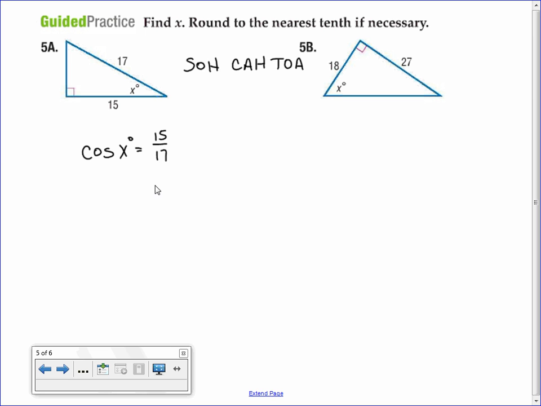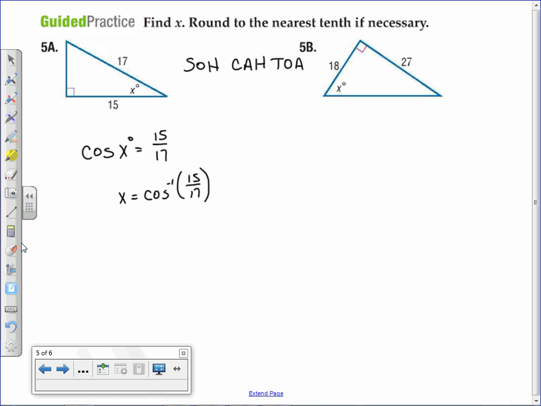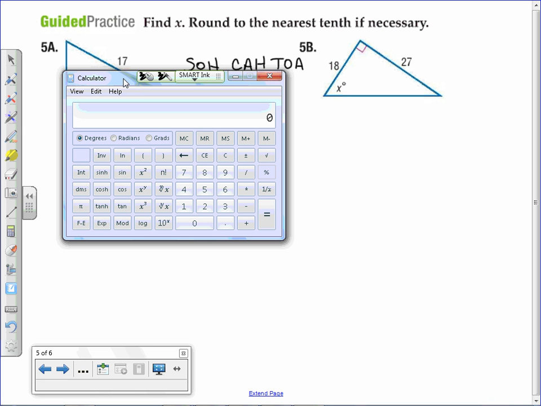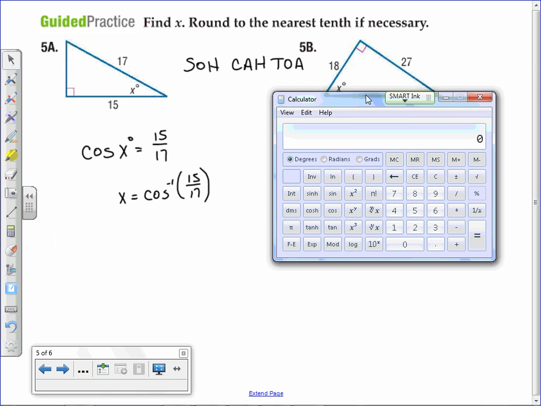Now once I've got the problem set up, to figure out what x is going to equal, the inverse cosine of 15/17. Simple. Now, any calculator will do this as long as it's scientific in nature. I'm going to go ahead and type this in. With the computer's calculator, you'll need to do the 15/17 first.